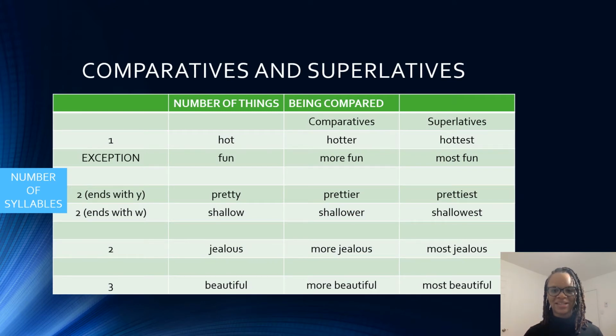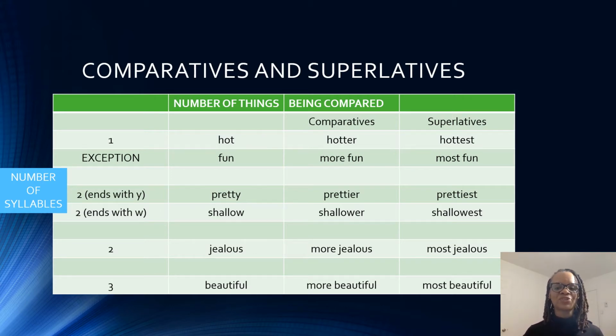Let's look at some examples. So as I said earlier, there are two things you must consider: the number of things being compared and the number of syllables in the word. If the word has one syllable, such as hot, if we're comparing two things, we say hotter. But if we're comparing three or more things, we say hottest.